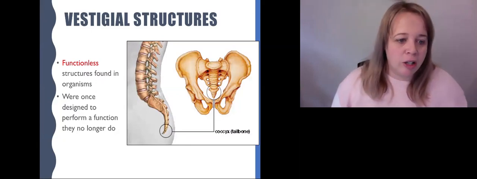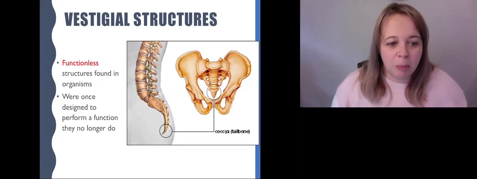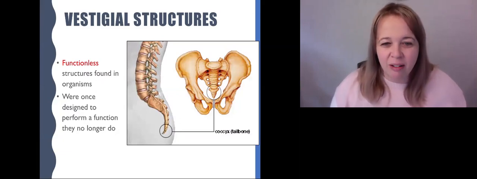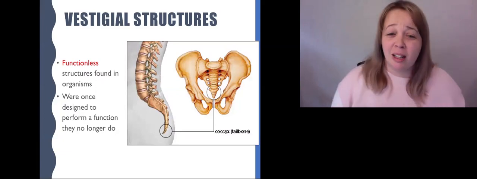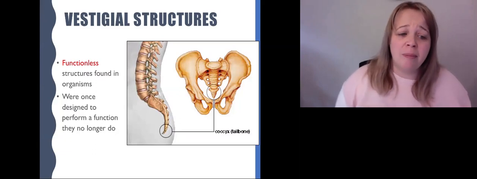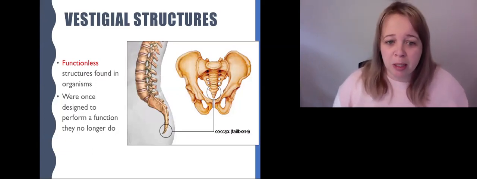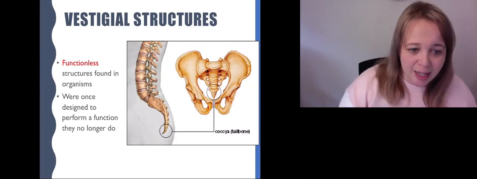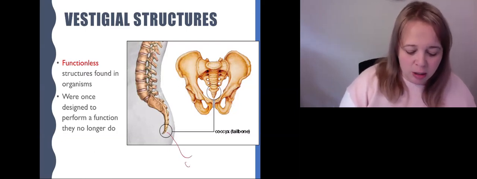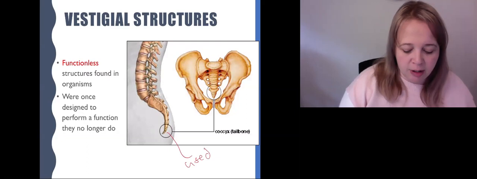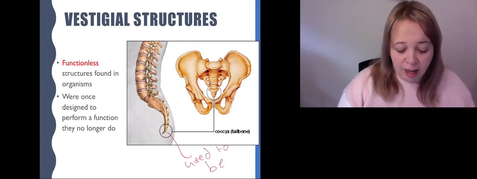So if you look at humans, we have a little bit at the bottom of our spine called the coccyx. You may have slipped and fallen and accidentally hurt your coccyx before, but that serves no purpose anymore. So what we think is that it used to be a tail. So it's evidence that we may have used to have a tail.